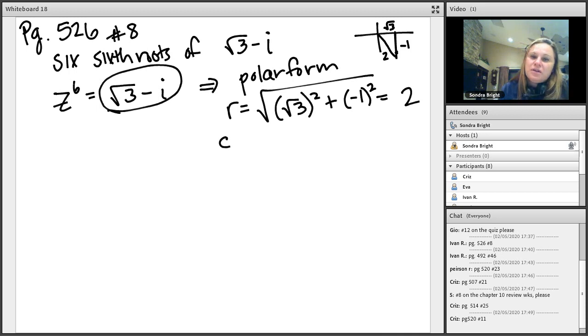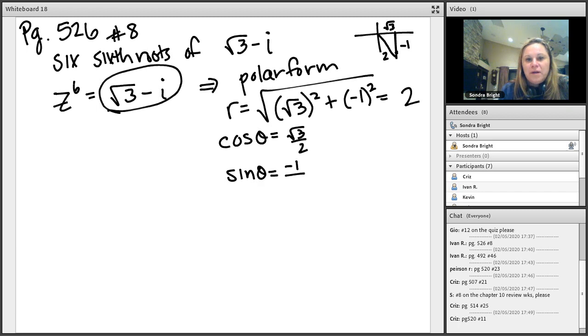The other way you can do it is go, okay, I know cosine of theta is x over r, so it's rad 3 over 2. And I know sine of theta is y over r, so negative 1 over 2. And when is cosine rad 3 over 2? That's a 30-degree reference angle, because it's a short triangle, even though I drew it like a long one. It should have been more like this. Sorry, negative 1.